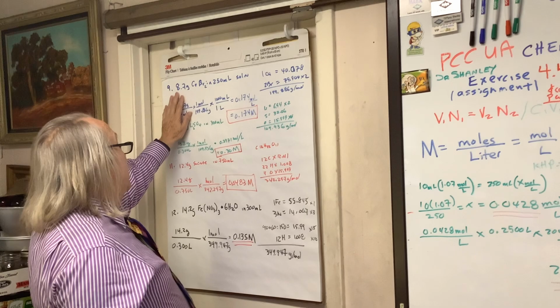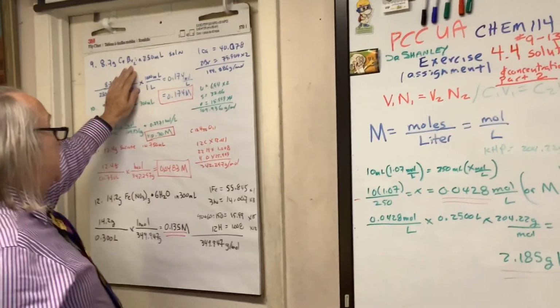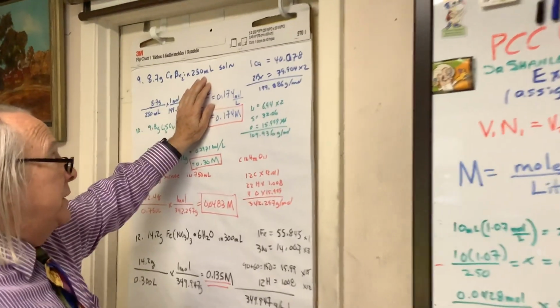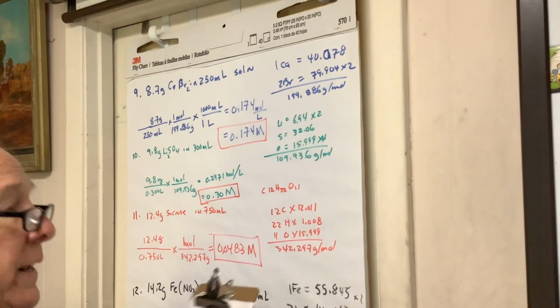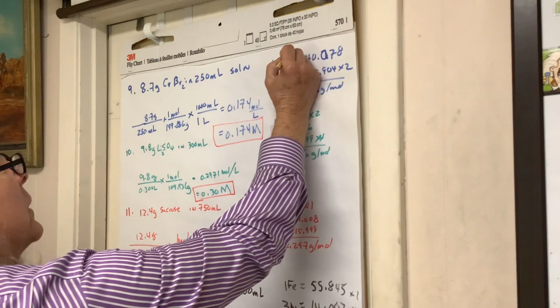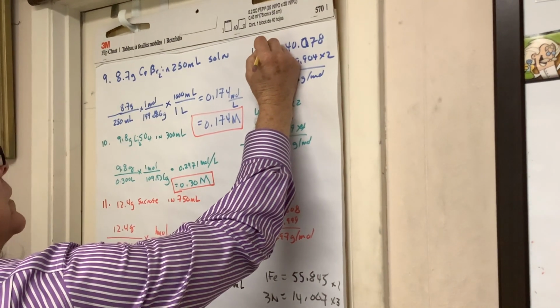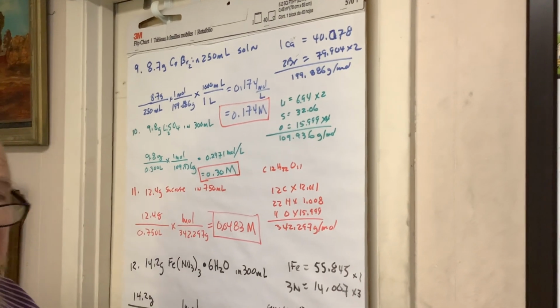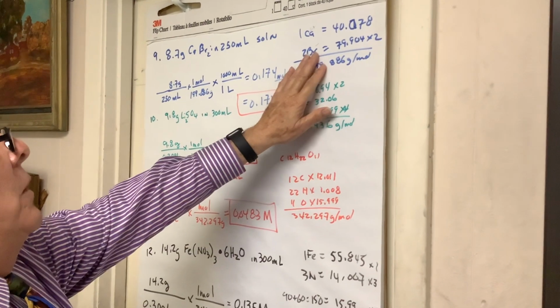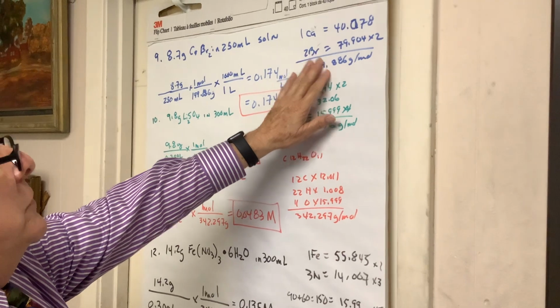The first one says 8.7 grams of calcium bromide in 250 milliliters of solution. Calcium's a group 2 metal. I've got my pencil and not my marker, but it always has a 2 plus charge, and bromine is a group 7 halogen. It always has a -1 charge.